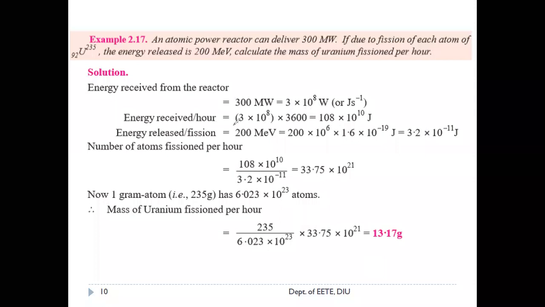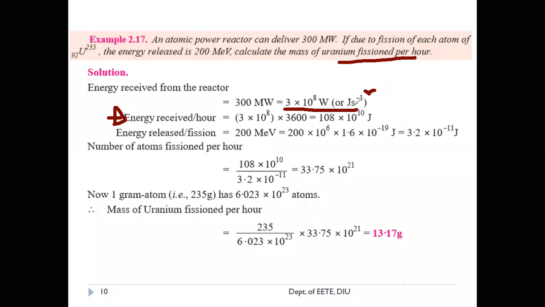You are talking about this line? Yes, sir, how I get 108. You see that the 3 into 10 to the power 8 is joule per second, this is for per second, but in our question it is told that per hour. So if I want to find out per hour, I also need the energy required per hour.